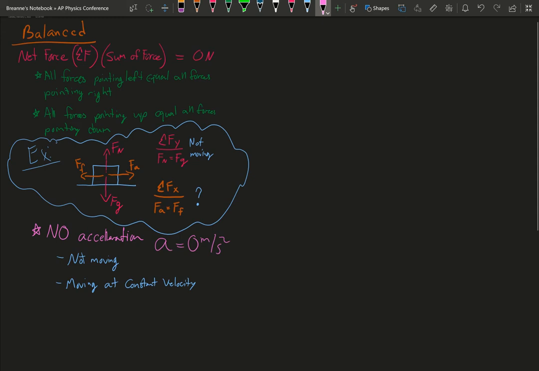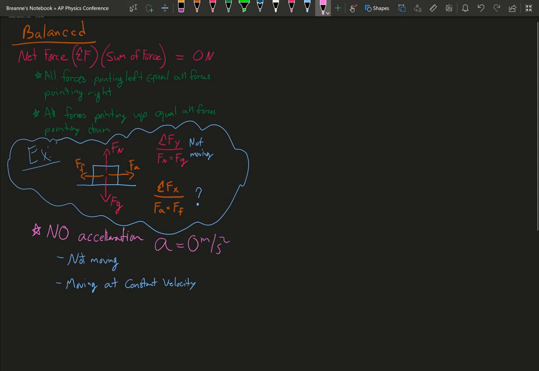Using context clues, we can say that in the y direction, it's not moving because it's a box sitting on something, table, floor. But in the x direction, we don't have enough information to know if it's either not moving or moving at constant velocity. It could be doing one or the other.